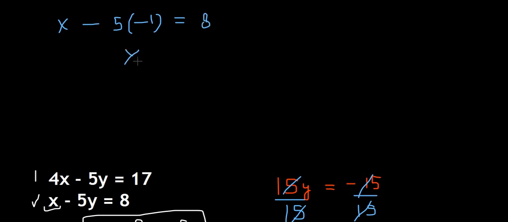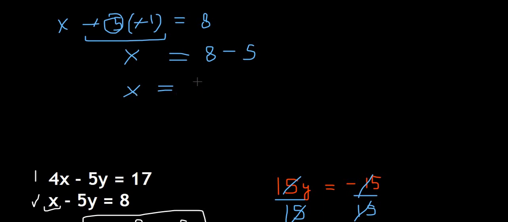Now x is equal to 8 minus 5 times minus 1, which is positive 5, because minus and minus is plus. So 5 times 1 equals 5. So positive 5 will shift towards 8, and the sign will change to minus 5. So x equals, therefore, 3. The value of x is 3 and the value of y is minus 1.